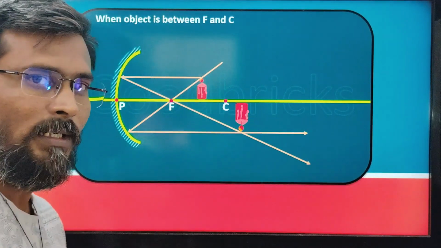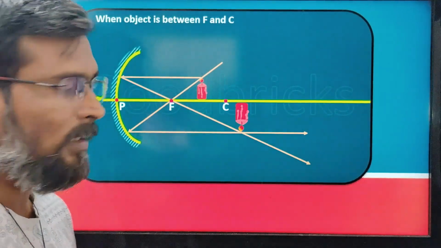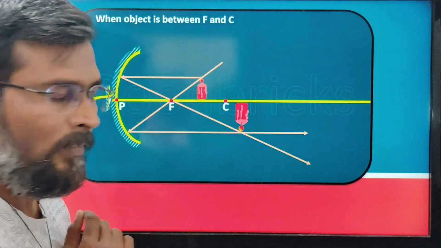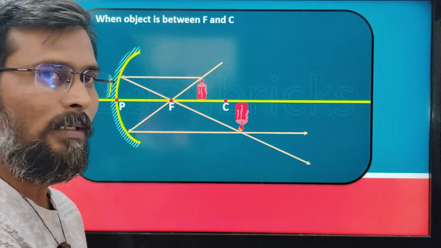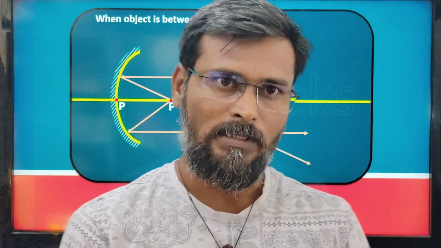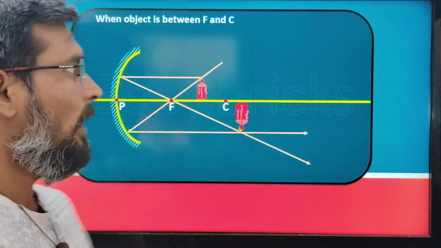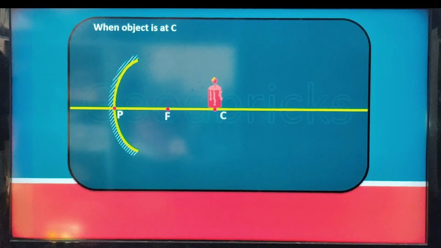This is the object and this is the image. Now the conclusion is, when the object is between F and C, the image will be found beyond C, inverted, enlarged. These are the different characteristics of images, and this is how you need to draw the ray diagram when the object is in between F and C.